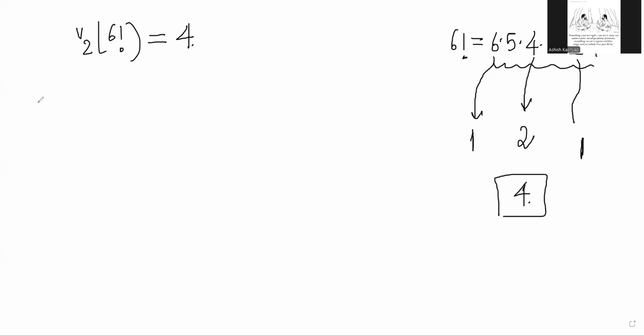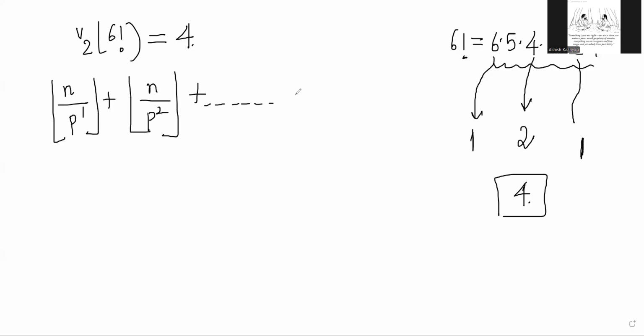Legendre's formula tells us that it should be n by p^1 plus n by p^2 and goes on like that forever, and each of these is a floor function. So what is n? n is 6 factorial.